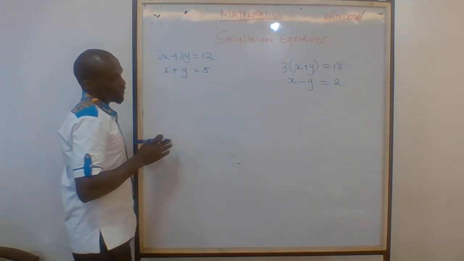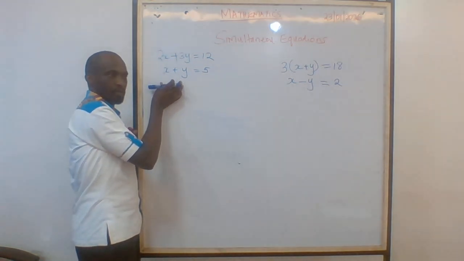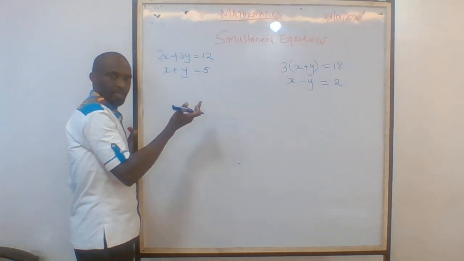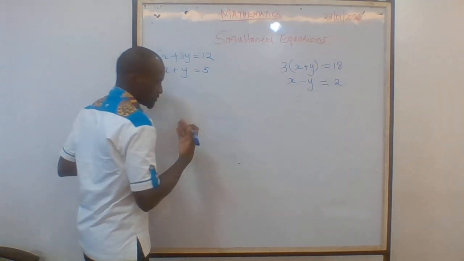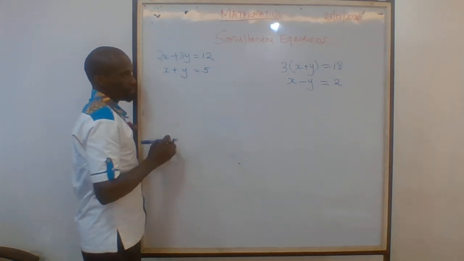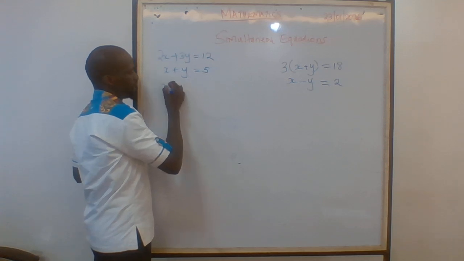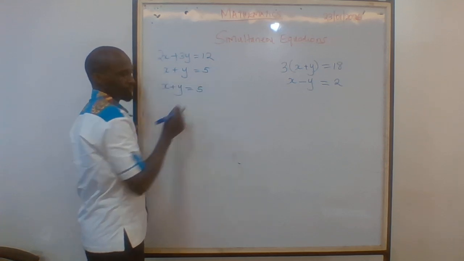Now, as we've said, we want to take one equation, and in that one equation, we make one variable the subject so that we can substitute it in the other equation. So let's take the first example, the last equation that we have here: x plus y is equals to 5.